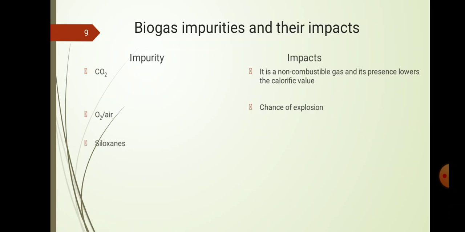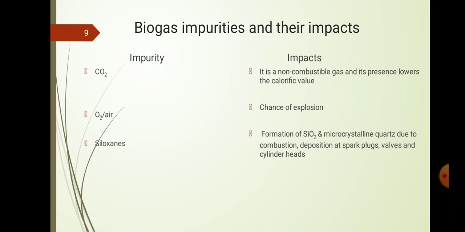Then another important impurity that may be present is siloxane. What is siloxane? It is a silicon compound. It is present in cosmetics and other consumables. So if you are using municipal solid waste for biogas digestion, siloxanes will be present, because they are already in most of the products we are dumping.